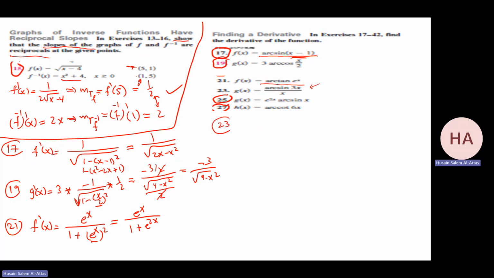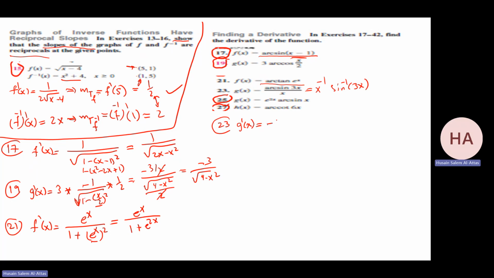We have a quotient, or you can deal with it as a product. So I can make it (x minus 1) times arcsine of 3x. Now product rule, g prime will be what?